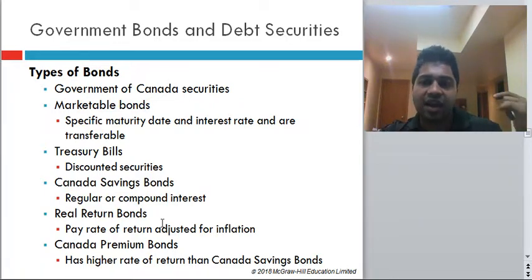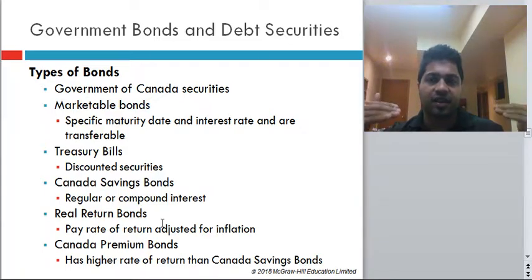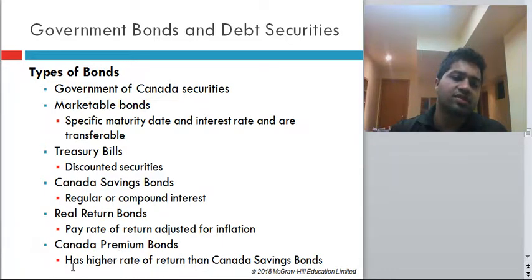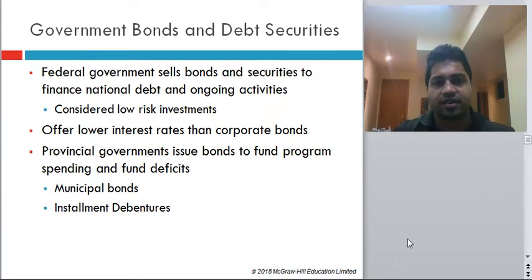Their coupon rate and principal, that is the face value, adjust according to inflation. As inflation goes up, the coupon goes up as well as the maturity value goes up. Canada Premium Bonds have a higher rate of return than Canada Savings Bonds, hence Canada Savings Bonds were discontinued.